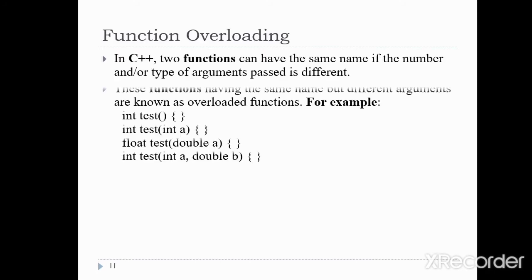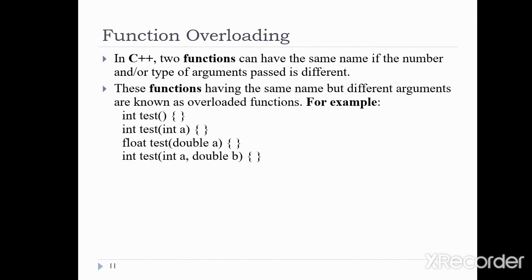So next one is function overloading. In C++, two functions can have the same name if the function name and/or type of arguments passed is different. These functions have the same name but different arguments.